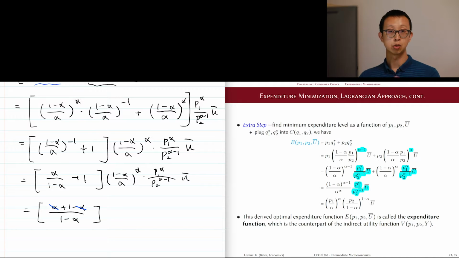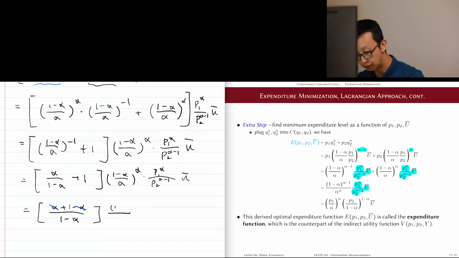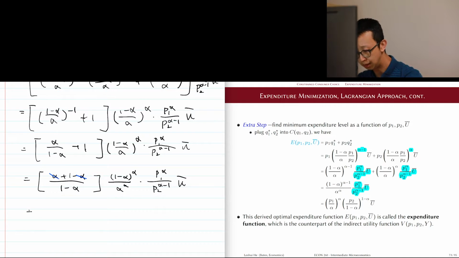To do that, I need to distribute the power on this ratio now to their separate parts of 1 minus alpha and alpha. On the top, I'm going to have 1 minus alpha to the power of alpha. On the bottom, I have alpha to the power of alpha, and then times exactly the same thing, P1 to the alpha, P2 to the power of alpha minus 1 times U bar. Now, what I have is just 1 over 1 minus alpha, or 1 minus alpha to the power of minus 1, times 1 minus alpha to the power of alpha, and that is 1 minus alpha to the power of alpha minus 1.